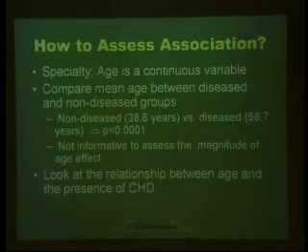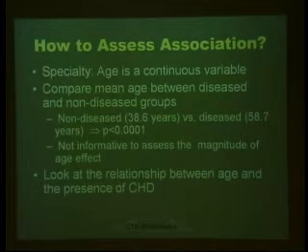So why do we need to look at age? Age is a risk factor, but compared to the previous case-control study, there's a difference here. The specialty is that age is a continuous variable. So how do we construct a contingency table? You cannot get a 2x2 contingency table, because age is continuous.